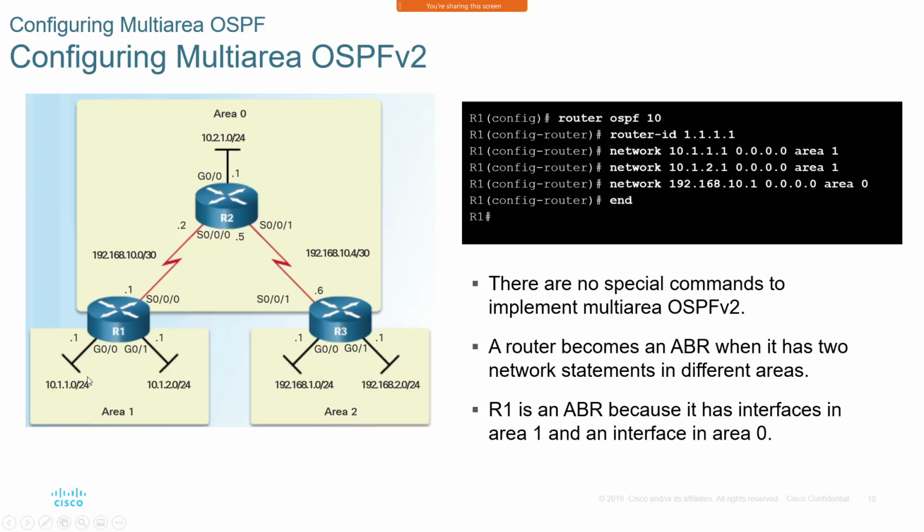Now, how many area border routers do we have in this topology? Anybody? A few people are saying 2. Does anybody want to say 3? And if 3, why?